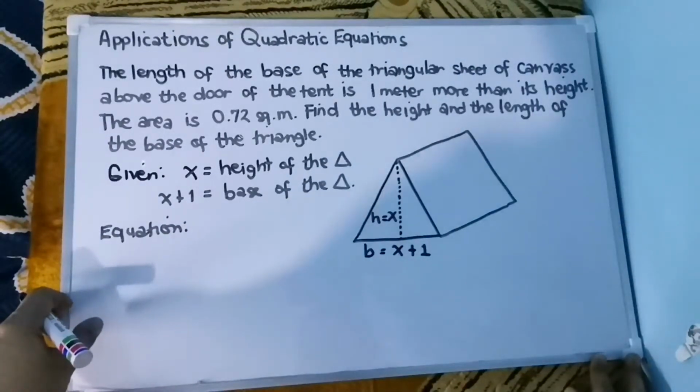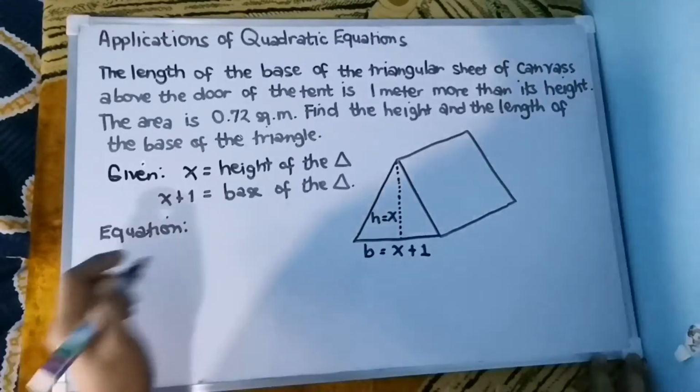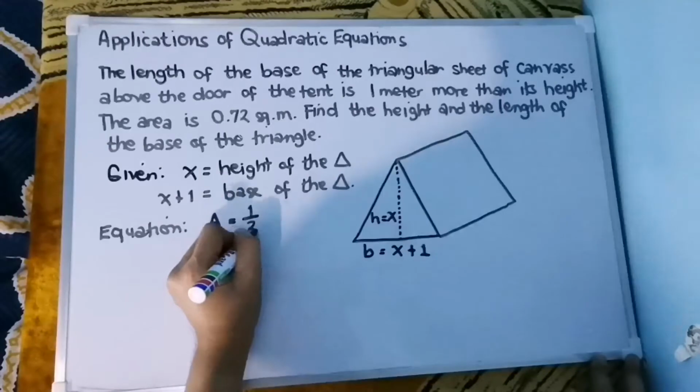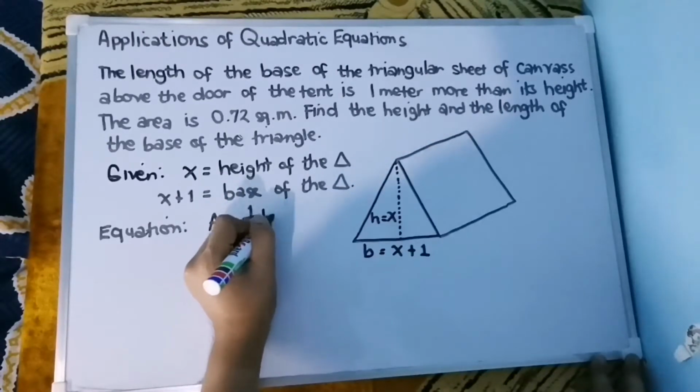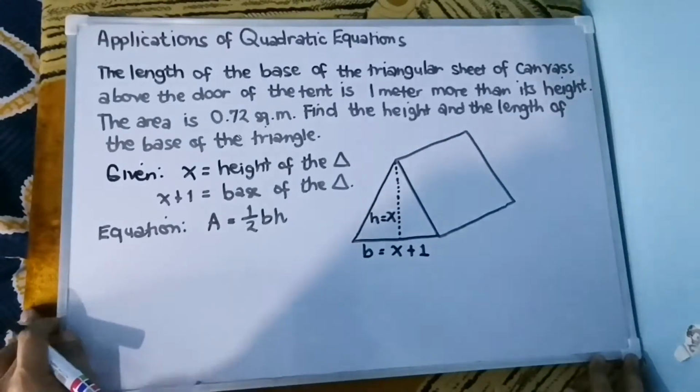So let's substitute the values in the formula for the area of the triangle. So in finding the area of the triangle, we have the formula A equals 1/2 base times height, or we have area equals to BH over 2.